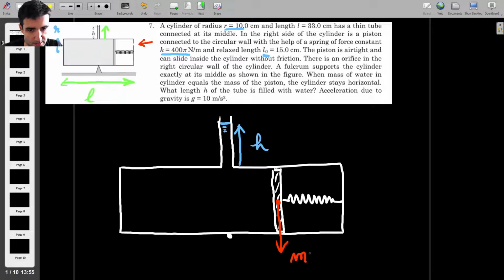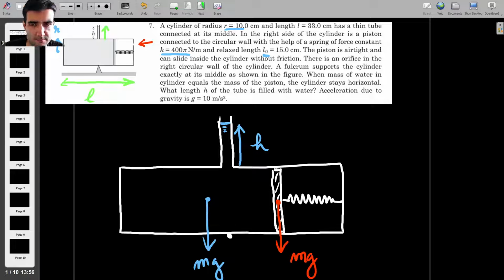So the weight of the piston is mg, where m is the mass of the piston. And in addition to that, the water has its own mass, which has essentially the weight mg associated to it.